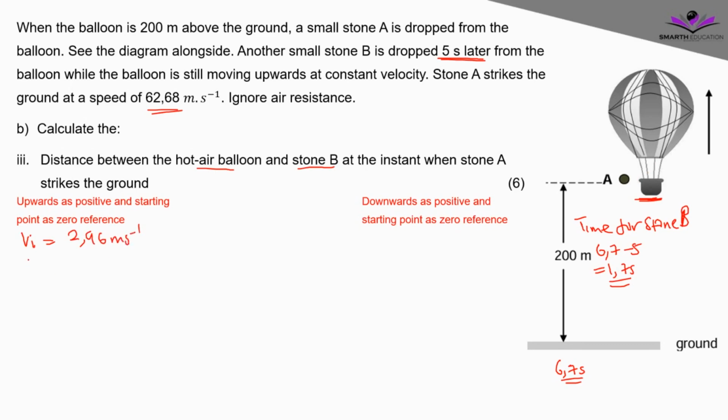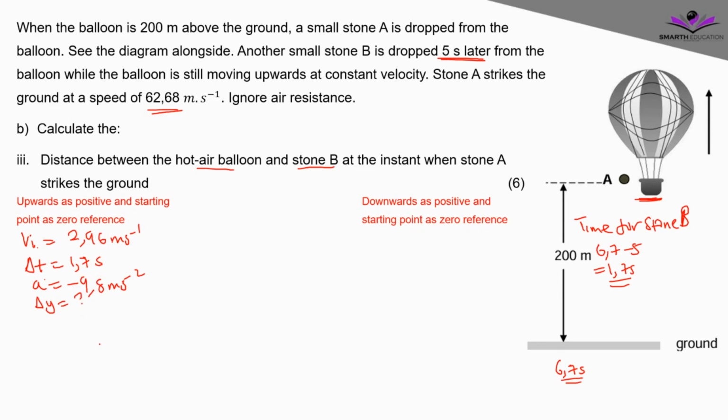Then the time is 1.7 seconds. Acceleration, when you take upwards as positive, is negative 9.8 meters per square second. Now we want to find the distance traveled by stone B. We have initial velocity, we have time, we have acceleration. We want the equation that is also going to give us displacement.